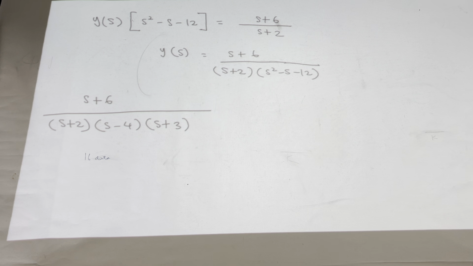So now we have 3 fractions. The first one we have s plus 2, second one s minus 4, third s plus 3. So for s plus 2, this is A, s minus 4, B, s plus 3, C. So we have 3 variables.